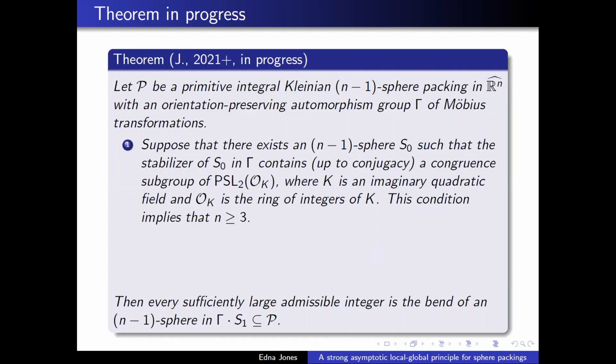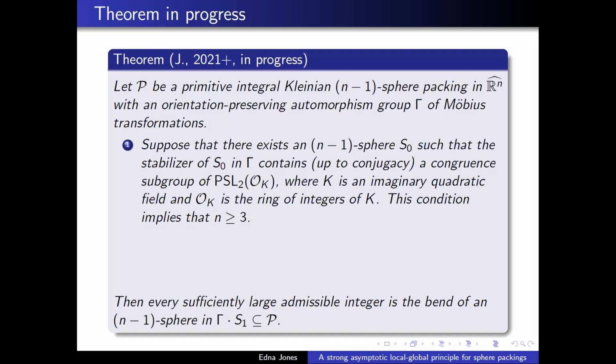Suppose that there exists an n minus one sphere S naught such that the stabilizer of S naught in gamma contains, up to conjugacy, a congruence subgroup of PSL2(O_K), where K is an imaginary quadratic field and O_K is the ring of integers of K. This condition implies that n is at least 3.